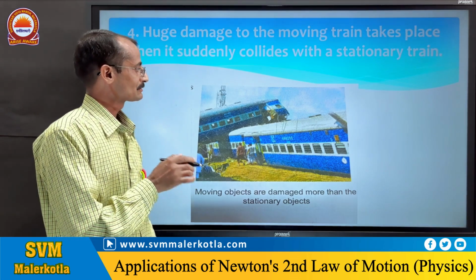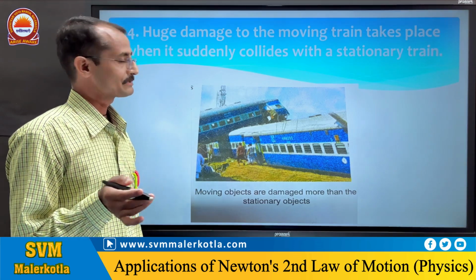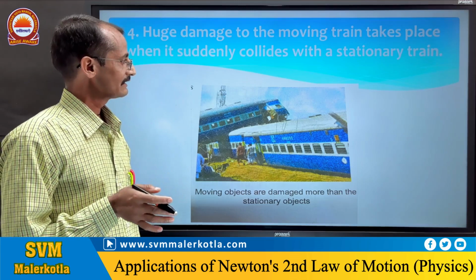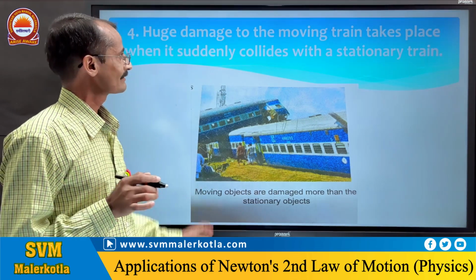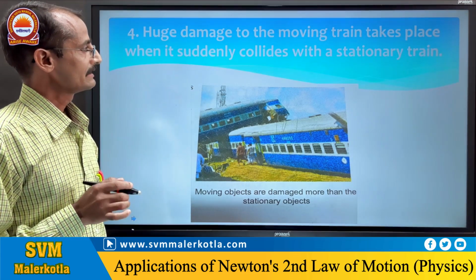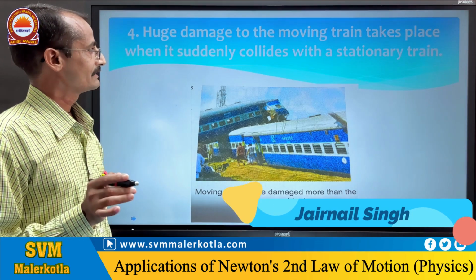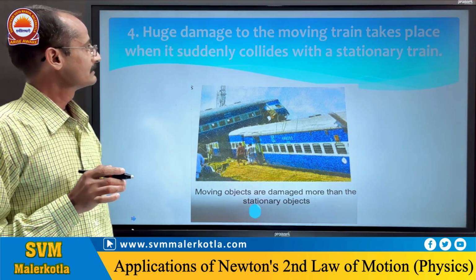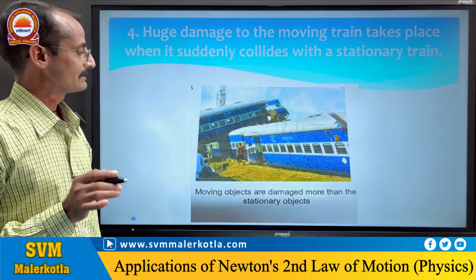One train, a goods train, was standing on its track, while another passenger train got derailed, ran onto the second track and collided with the stationary train. Here the retarding force on the moving train is very large, and hence huge damage to that moving train is there.